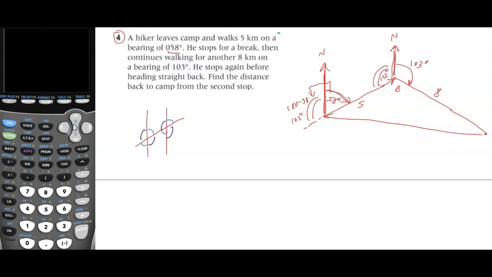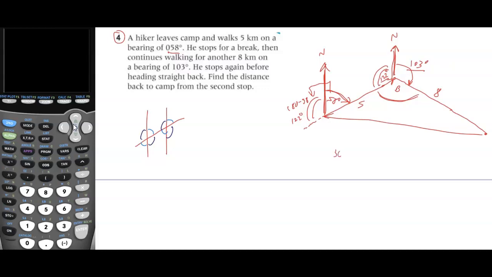And if this is 122 and this is 103, we could figure out this angle here, right? So 122 plus 103 is 225. And to figure out what this remaining angle is, we would just subtract 225 from 360.